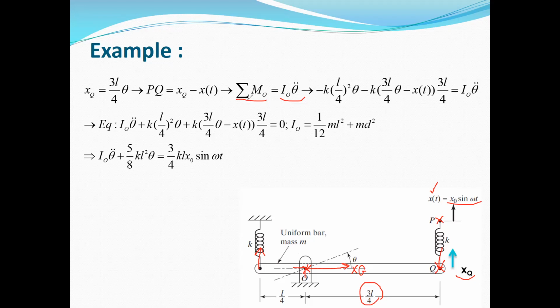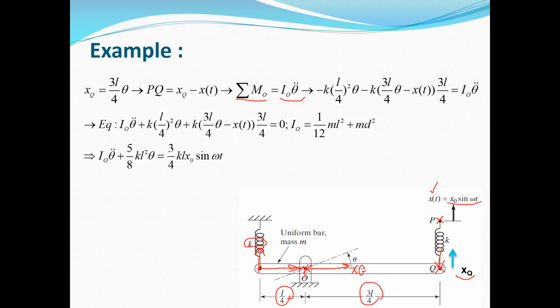The moment about point O is equal to the moment due to this force, K times L over 4 times theta, multiplied by its arm, which is L over 4 again. The moment due to the spring PQ is equal to the force in this spring multiplied by its arm, which is 3L over 4.